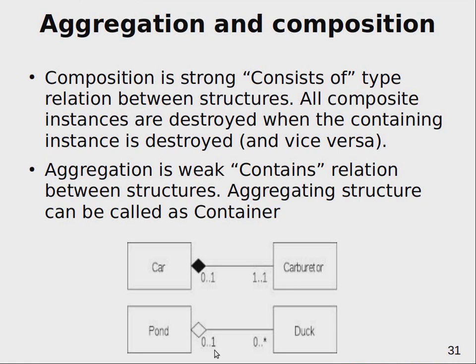And aggregation is something like you put independent objects into a container or bucket. For example, if you have a pond, there may or may not be some ducks inside it, but when all these ducks are removed, the pond is still an absolutely legal object. So it works as a container, and it contains some other objects.